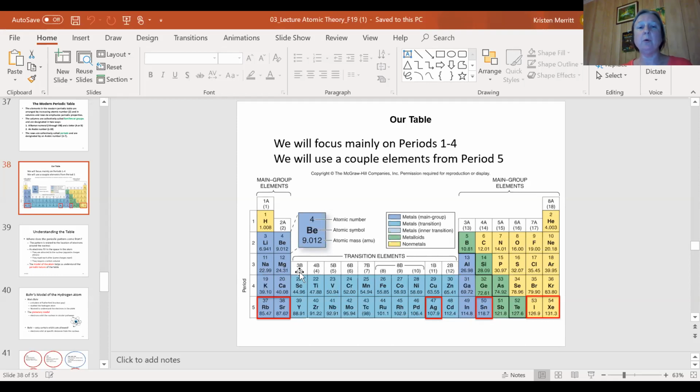This is also, the period corresponds to the shell or the orbit that's holding the electrons for that particular element. So phosphorus is in the third shell out from the nucleus, or the third orbit in the model we're using this semester.